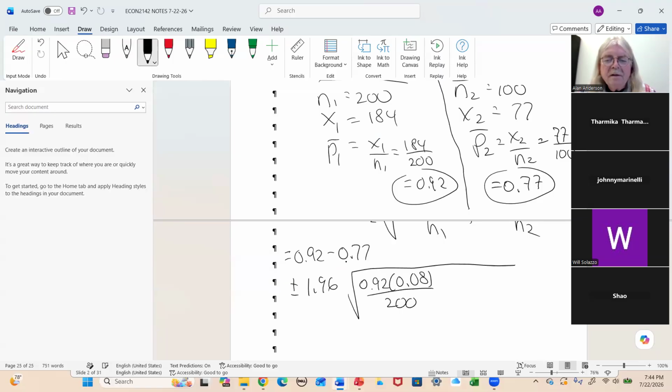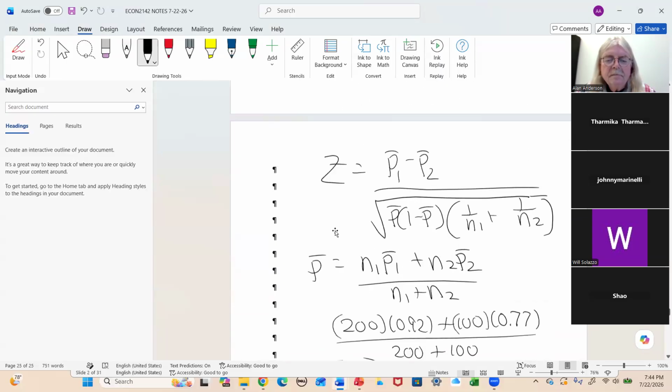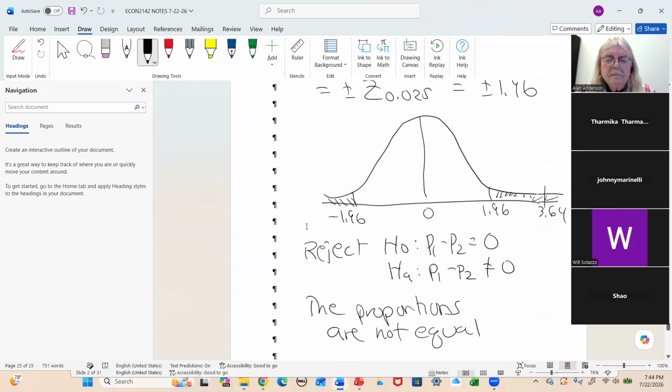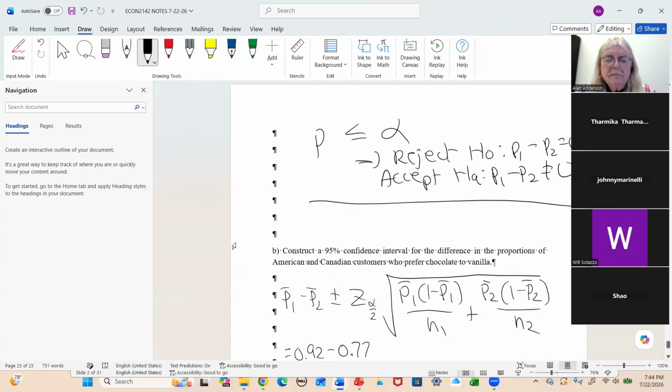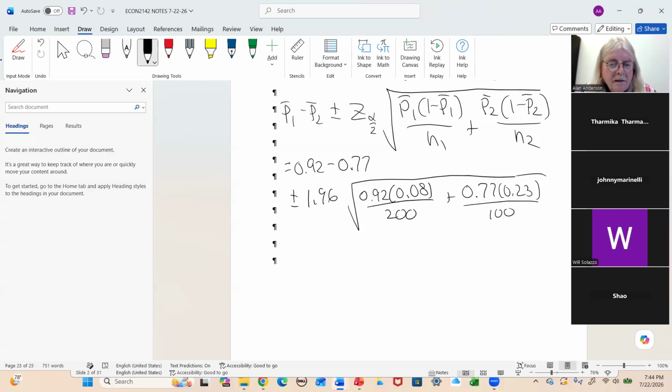We had 200 Americans in our sample, the Canadians. All right, that should do it. Oh, of course, this term is our point estimate. And everything on the right-hand side is the margin of error.